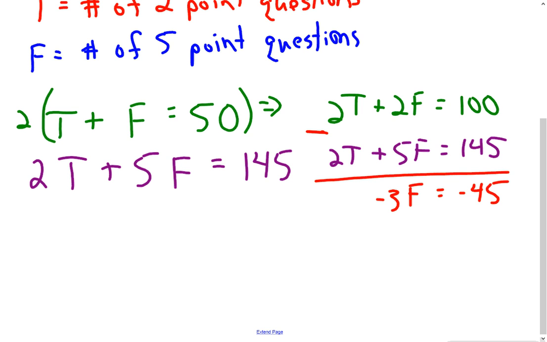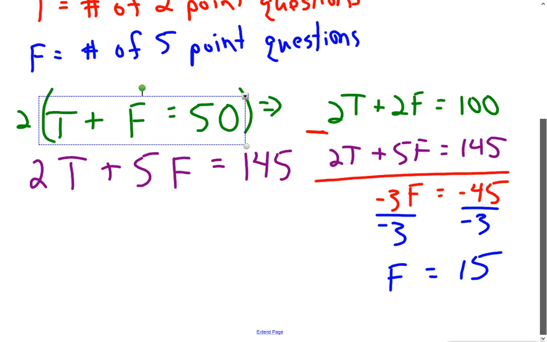So now to figure out what f is, I'm going to divide both sides by negative 3. And I just figured out that f equals 15. So there are 15 5-point questions on my test. Now I just need to figure out how many 2-point questions. So I'm going to go back to my original green equation and plug it in.